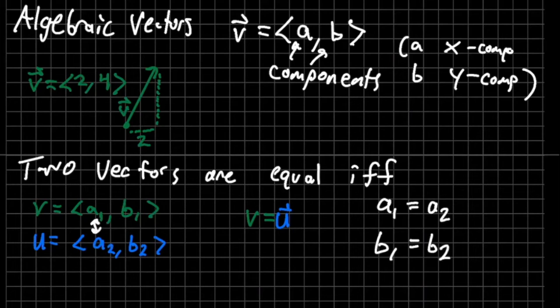So these two are equal and these two are equal, then we have equal vectors.